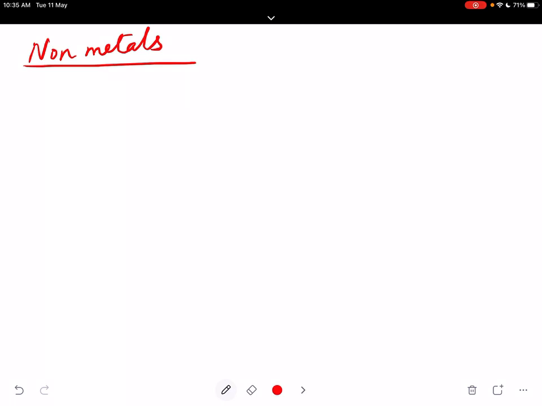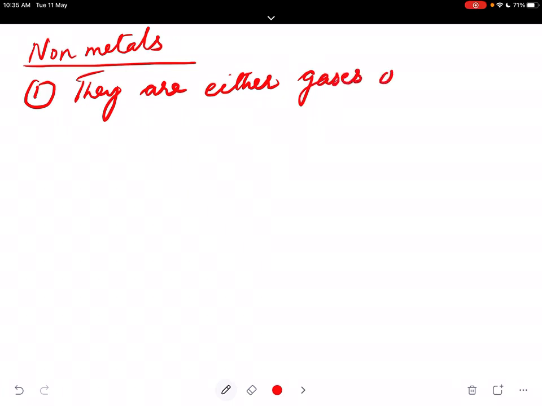The important properties of nonmetals are, number one, they are either gases or solids at room temperature.